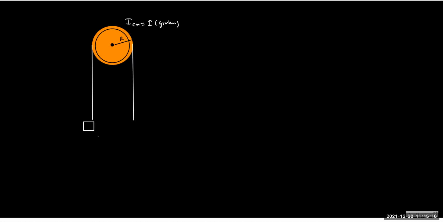Same problem, no slipping condition, and you can choose the pulley to be going clockwise with alpha, so this will go down and this will go up. Then find the value of alpha and the acceleration of the block. If you find alpha, then finding the acceleration of the block is easy.